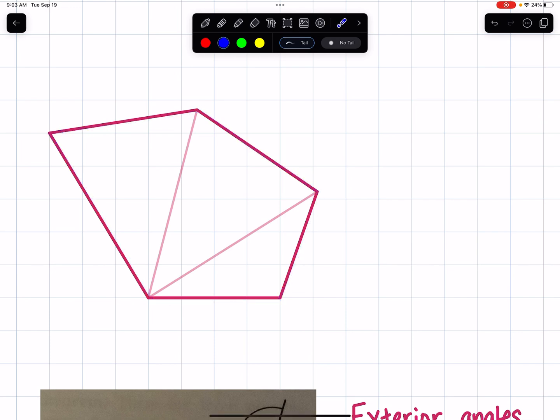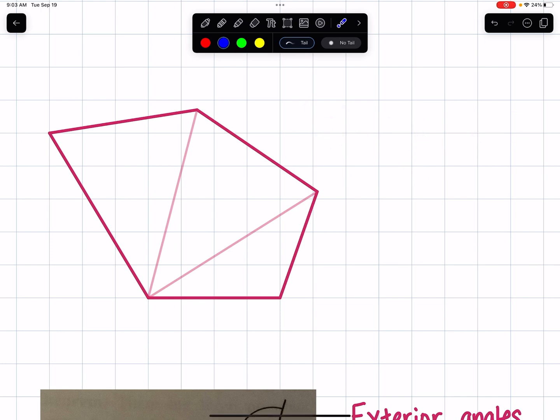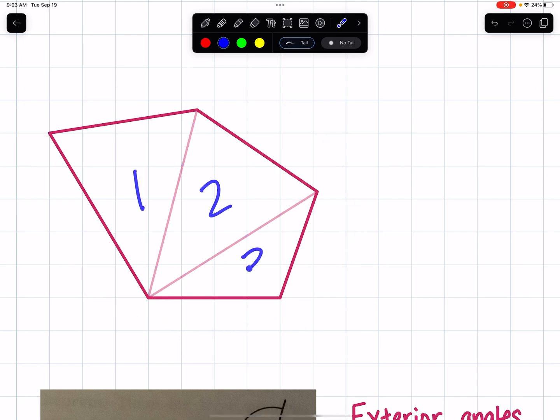It turns out you can if you just triangulate the polygon, which is kind of interesting. Triangulate, that's kind of a new verb. That means to turn it into triangles. That makes sense. That's kind of cool, right? So the way you turn it into triangles is you make these lines. If I make a line there and if I make a line there, now this polygon is 3 triangles, right?